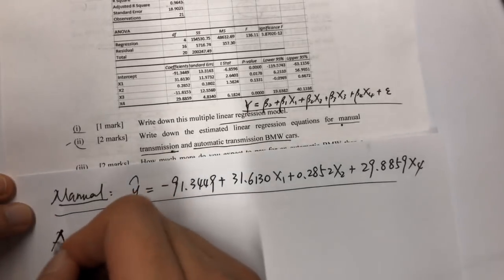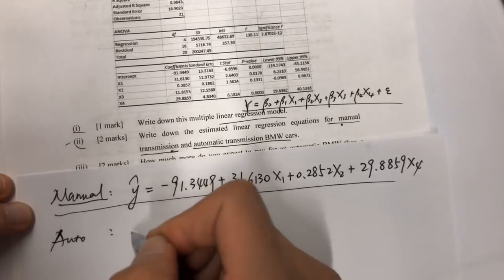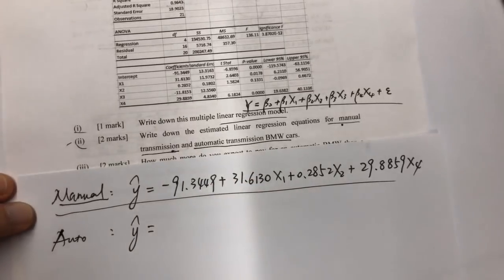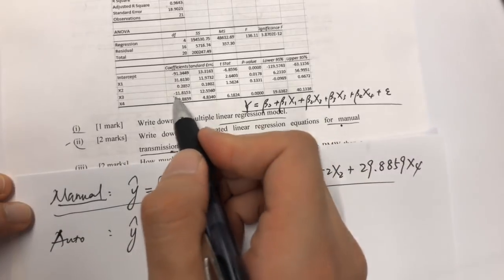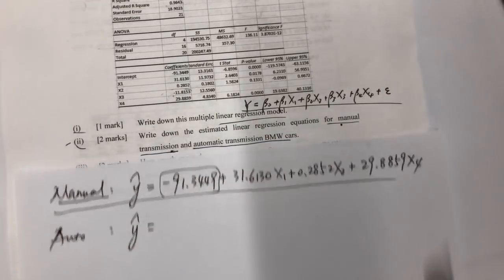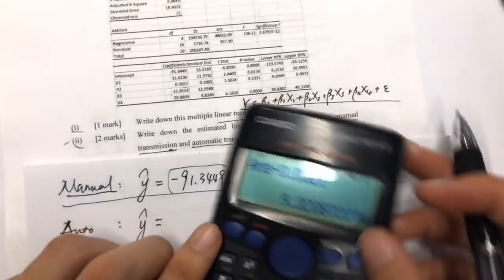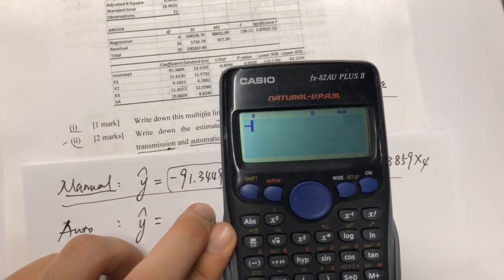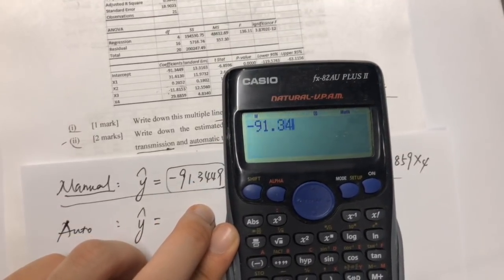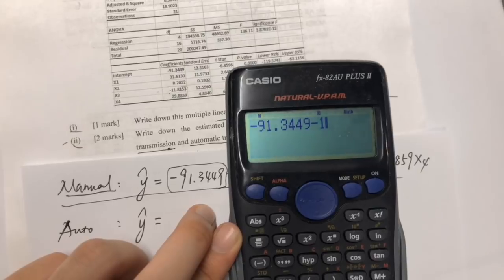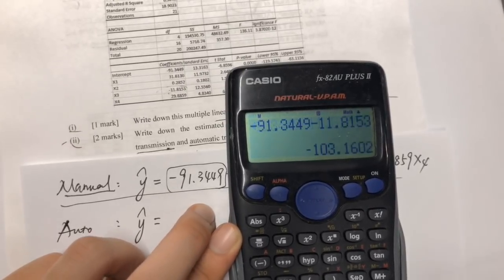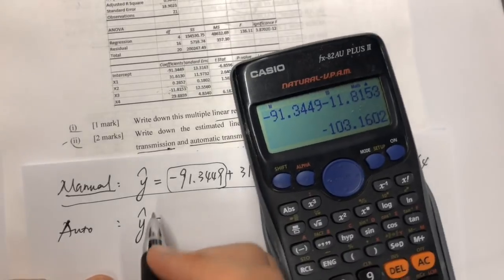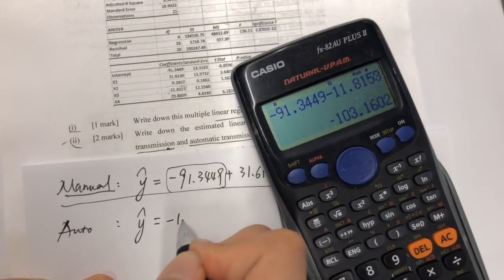And for auto transmission cost, y hat should equal to what? It should be beta 0 hat plus this beta 3 hat, right? So let's merge them together and get minus 91.3449 minus 11.8153, we can get minus 103.1602.